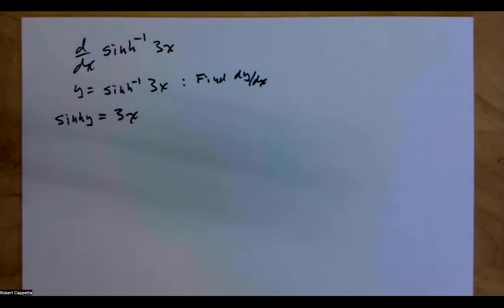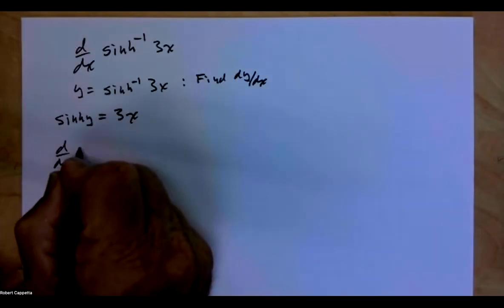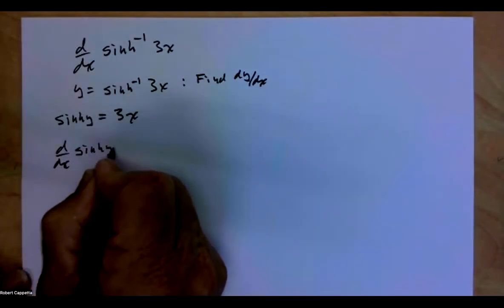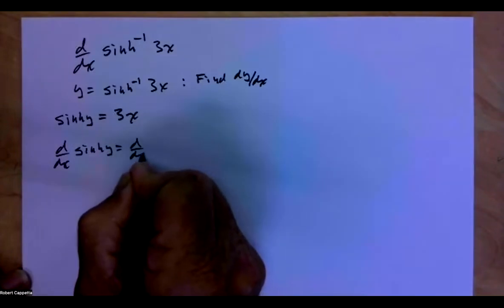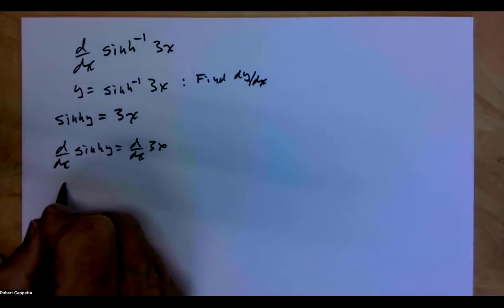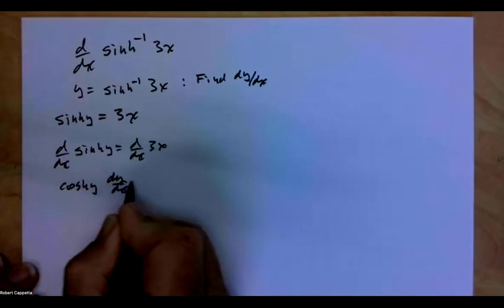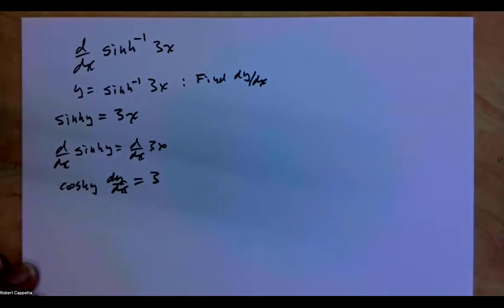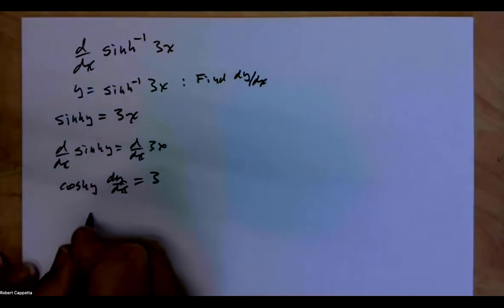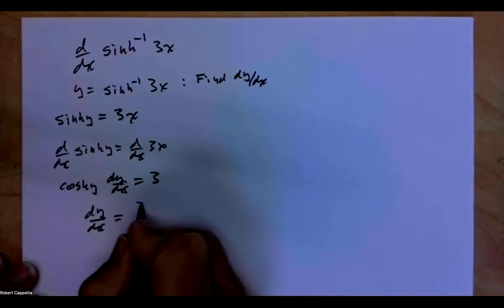Then we take the derivative with respect to x of both sides. The derivative with respect to x of sinh y is the derivative with respect to x of 3x. So I get cosh y dy dx equals 3, and dy dx equals 3 over cosh y.